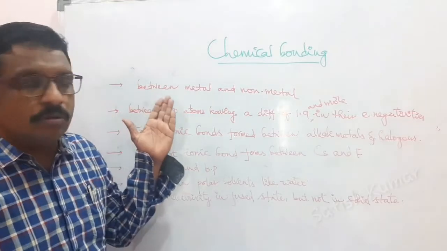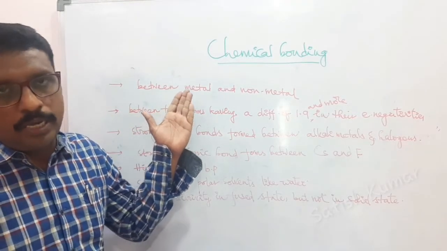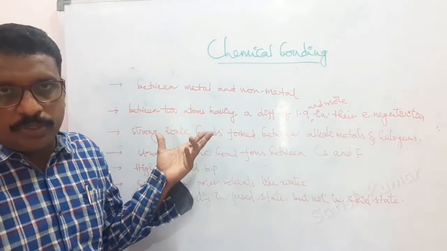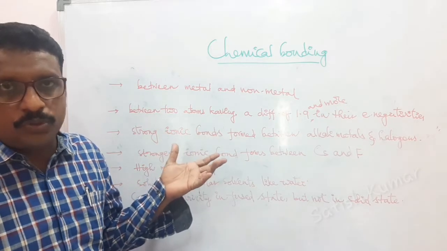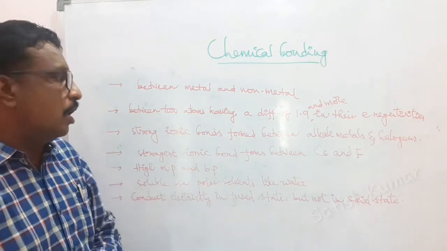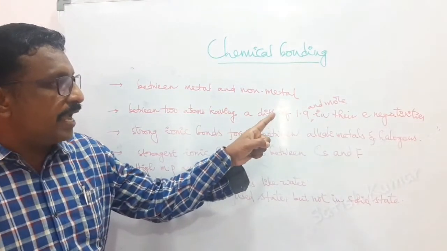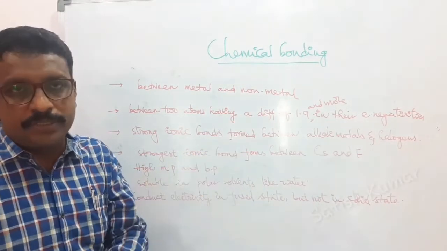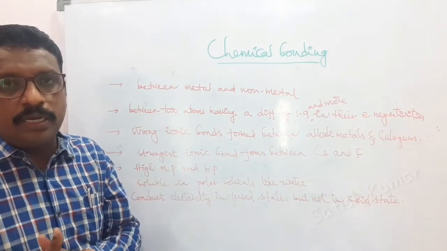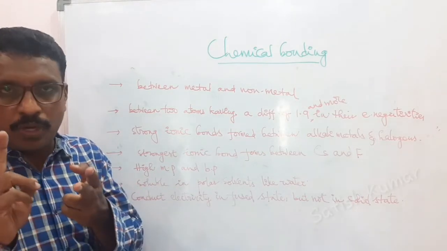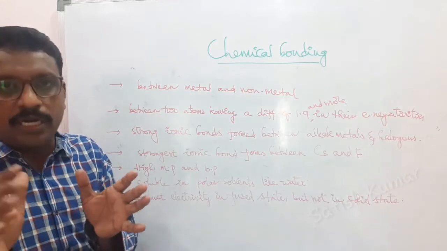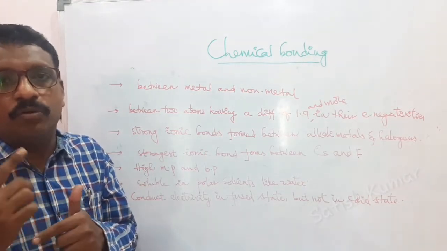It always forms between a metal and a non-metal. In the previous example, it is NaCl, sodium is a metal and chlorine is a non-metal. It forms between two atoms having a difference of 1.9 and more in their electronegativities. ఈ ionic bond ఫామ్ కావాలంటే ఉండేటువంటి రెండు ఆటమ్స్ మధ్యన electronegativity 1.9 కంటే ఎక్కువ ఉండాలి.